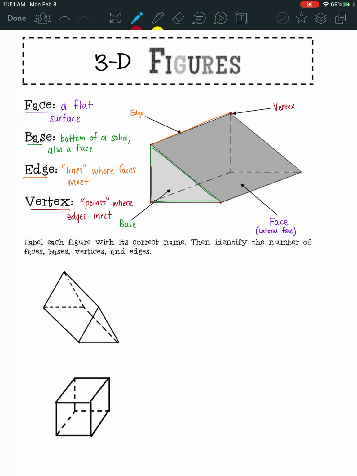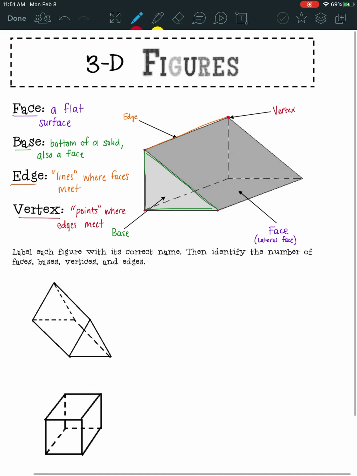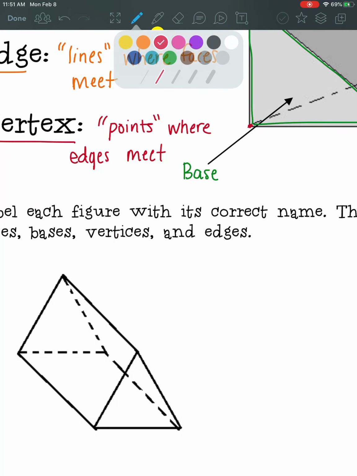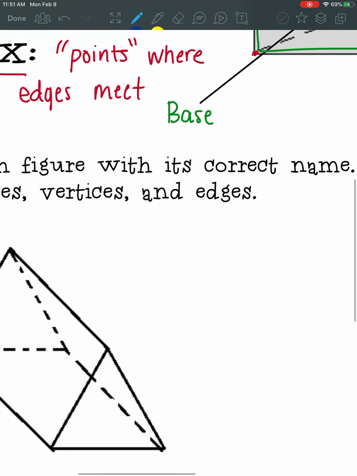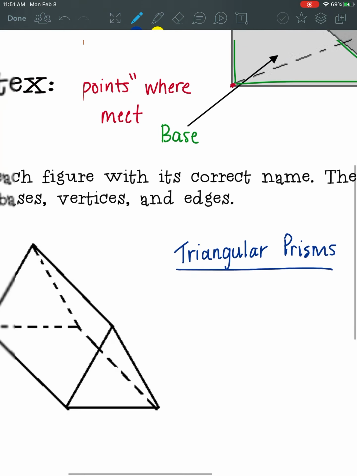Now we're actually going to label a figure, and then we're going to identify the number of faces, bases, vertices, and edges. So the shape we were just working with up above, I said, is a triangular prism. So that's how we name this shape. Prisms always have rectangular sides, and then its base is how we identify it.